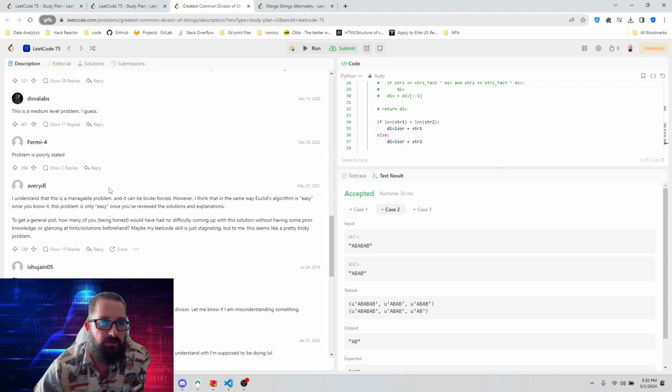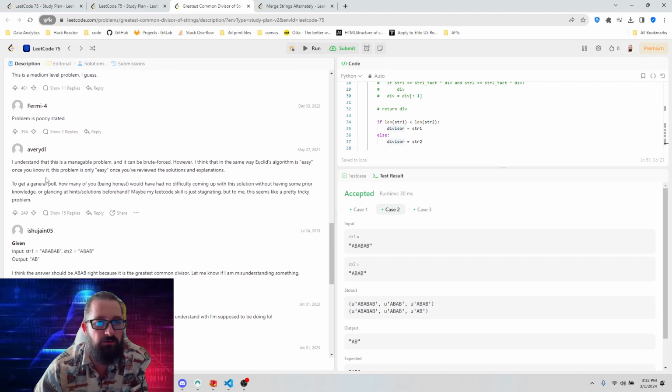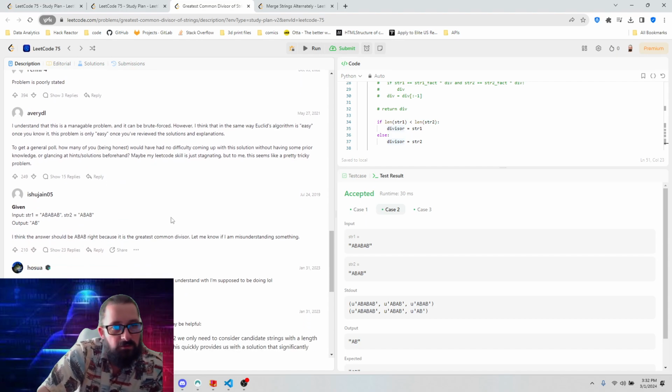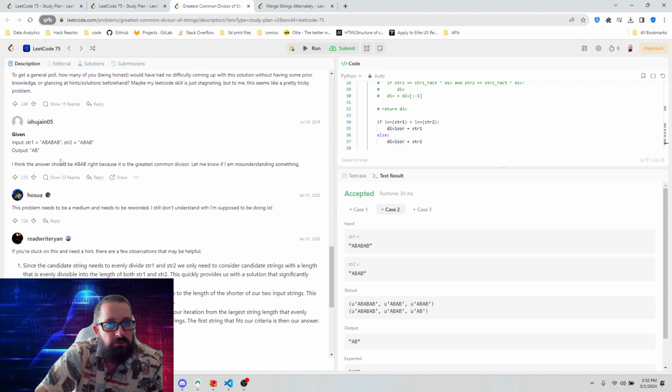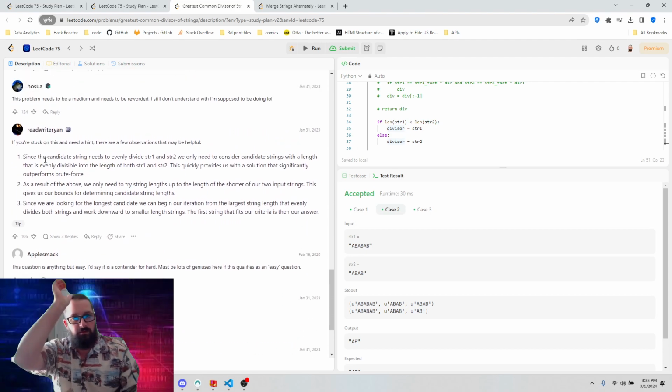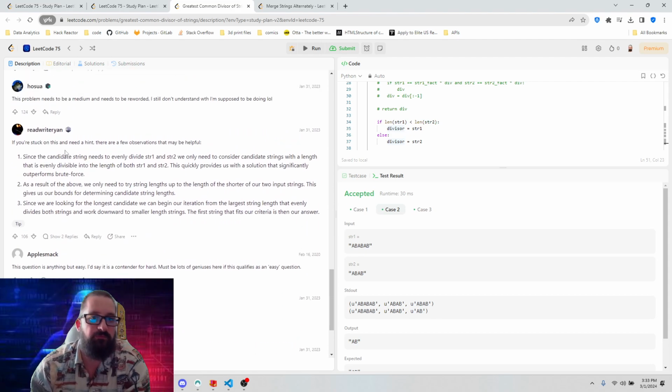Problem is poorly stated. Can be brute forced. I think the same way Euclid's algorithm is easy once you know it. Reviewed the solutions to get a general poll. If you're stuck on this and need a hint, there are a few.